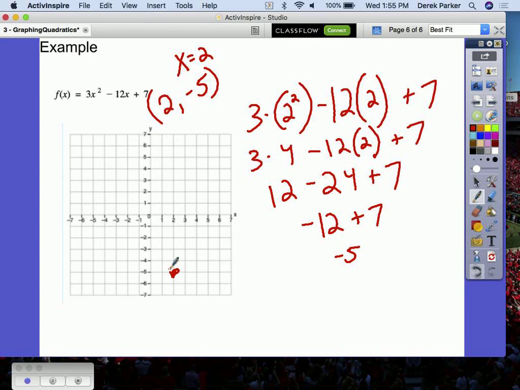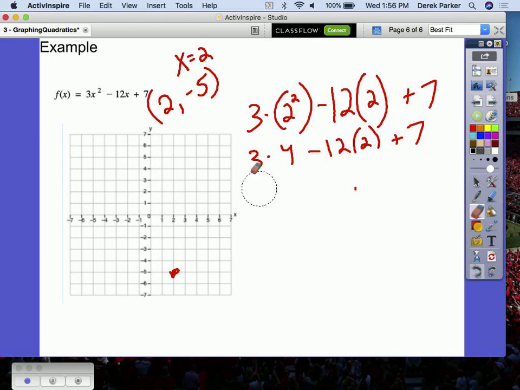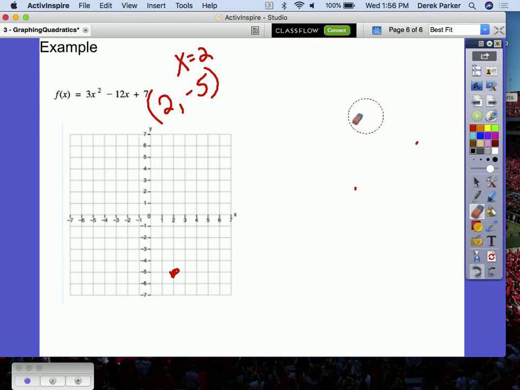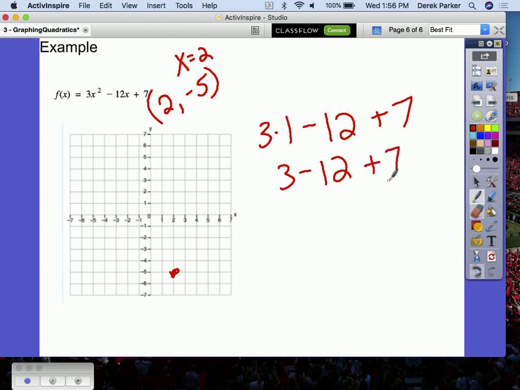I'm now going to plug in 1 for the value of x. 3 times 1 minus 12 plus 7. 3 minus 12 is negative 9 plus 7, and I get negative 2.